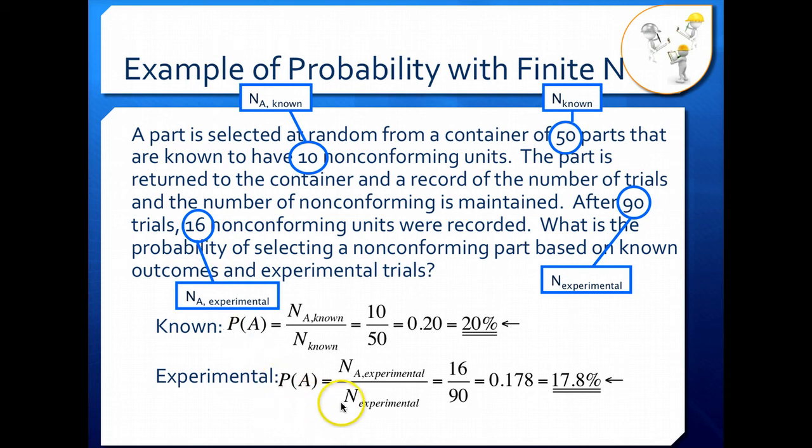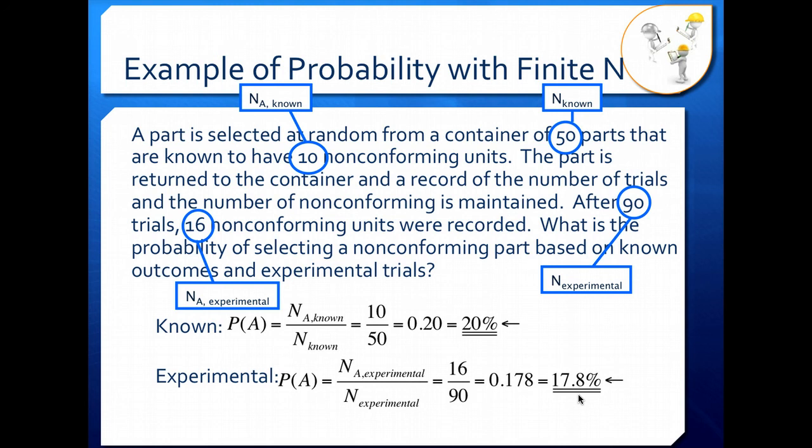This is known as our sample data. The probability here of picking a defective part is 16 divided by 90, or 17.8%. Notice this is different from our total population data. It's close, around 20%, but it's not exactly the same thing.